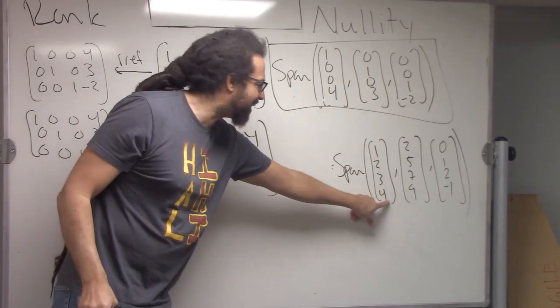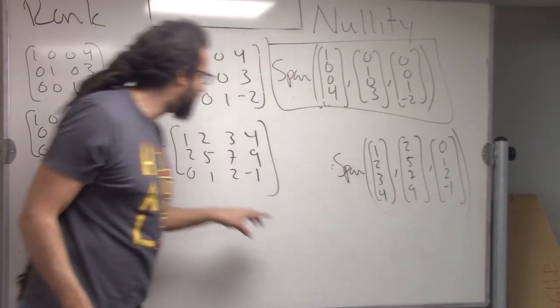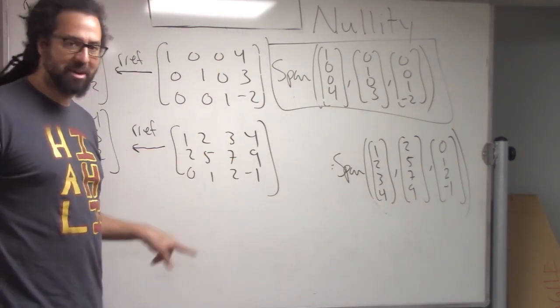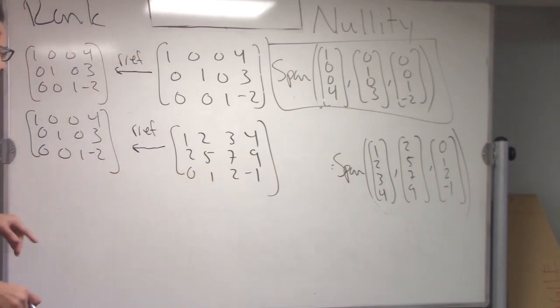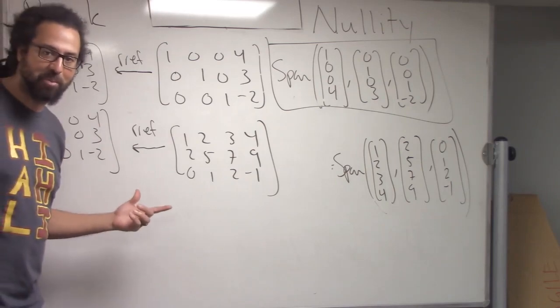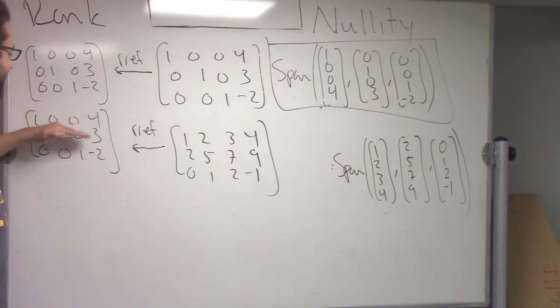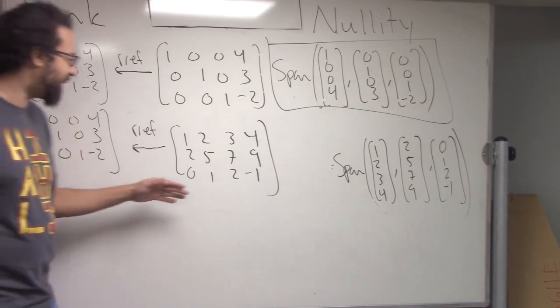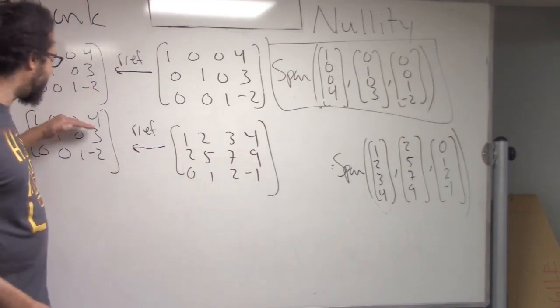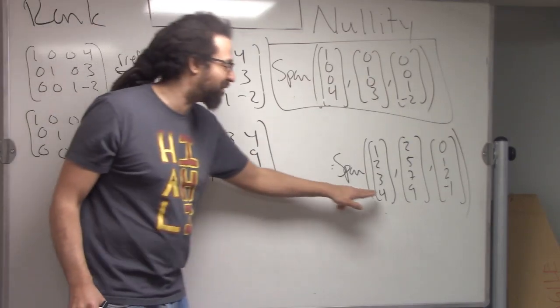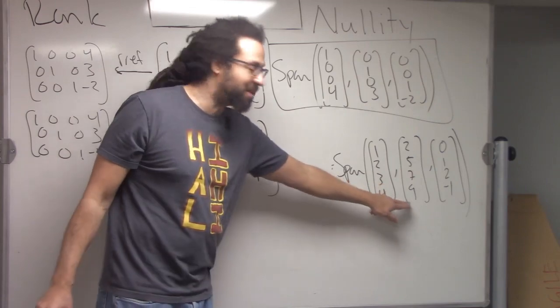Do the same thing here. Take these columns and arrange them as rows in a matrix. Put this matrix in reduced row echelon form. The non-zero rows make a basis for the row space. So these non-zero vectors make a basis for the row space. That means these three vectors make a basis for this spanning set.